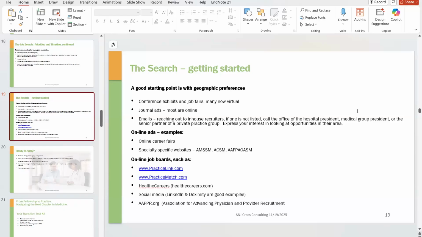Practice Match does career fairs at least once a month in various locations, and they also offer virtual. So you could easily attend a virtual career fair without having to actually go there and meet with recruiters. So that's a very nice tool that you can keep in your toolkit for when you're ready to start that search. Those were the main things that I wanted to make sure to point out.